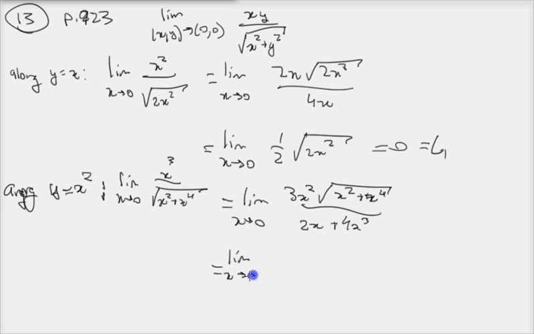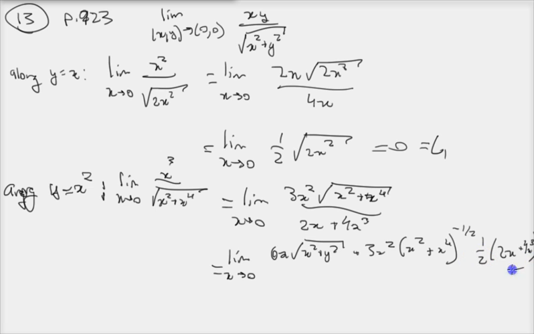We're going to get the limit as x approaches 0 of, and this is nasty using the chain rule, we're going to get this plus 3x squared times x squared plus x to the 4th to the negative 1/2 times a half times 2x plus 4x cubed. We're going up the page a little bit there. All of that over 2 plus 12x squared. Whew! Okay, so that's a lot of limit work right there.